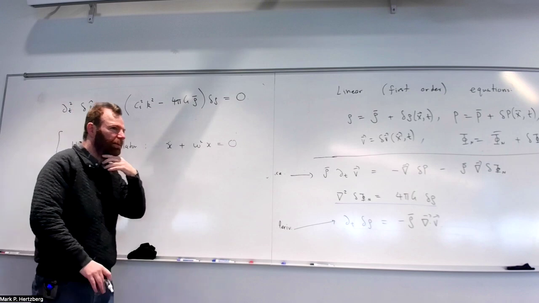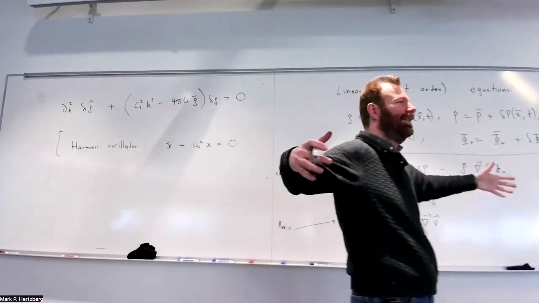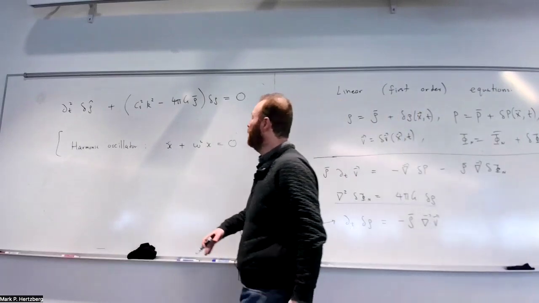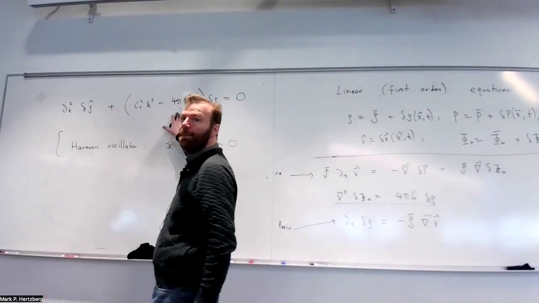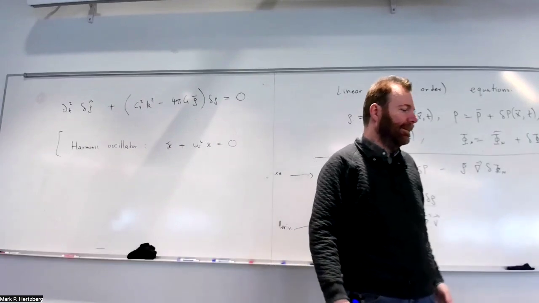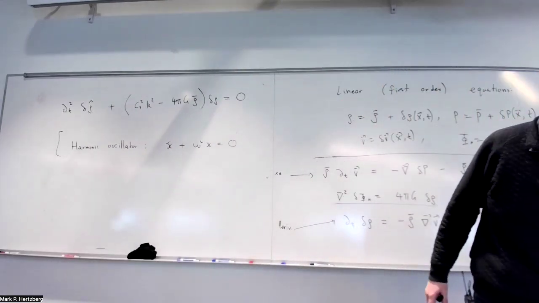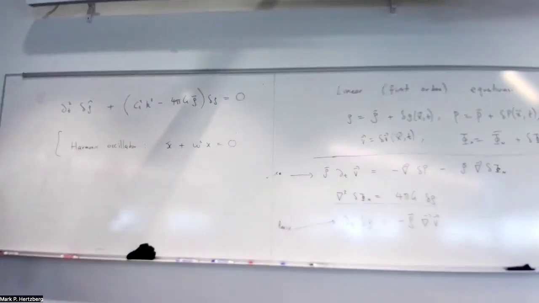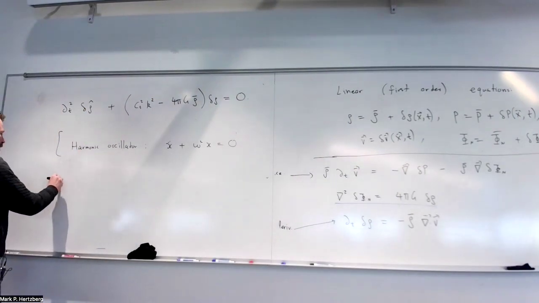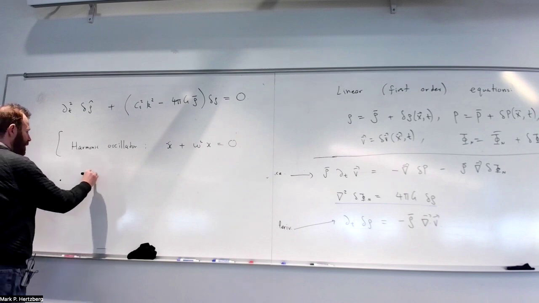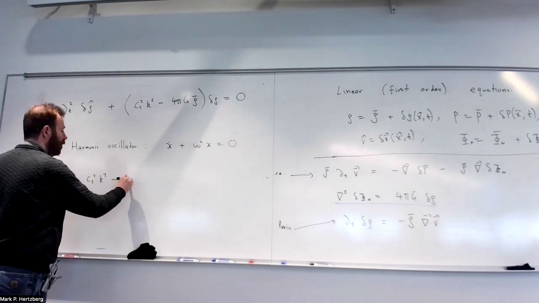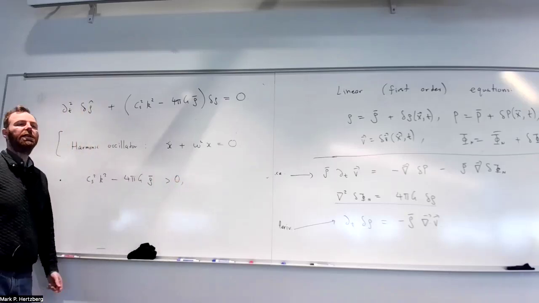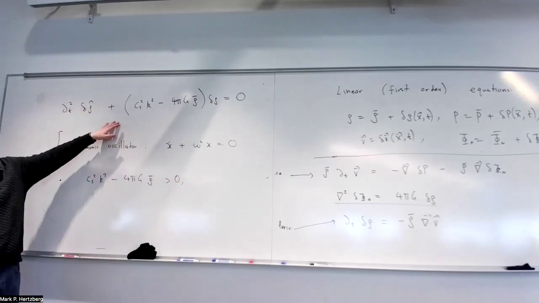And this makes sense, right? Pressure likes to push things out, and gravity is an attractive force trying to pull things together. So this is why they come with opposite signs. If we just think about the structure of this equation, there are two possibilities. When cs squared k squared minus 4 pi G rho bar is positive, then indeed omega is some real number.